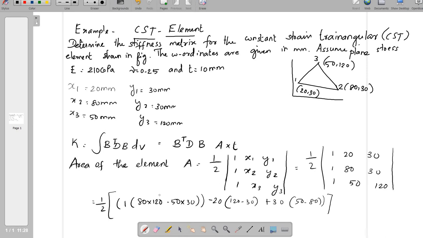So it is half into 9600 minus 1500, minus 90 into 20, so 1800, plus 30 into minus 30, so minus 900. So the area is 2700 mm square.